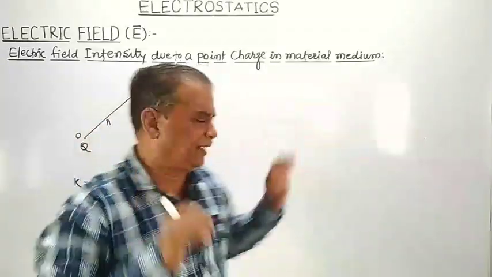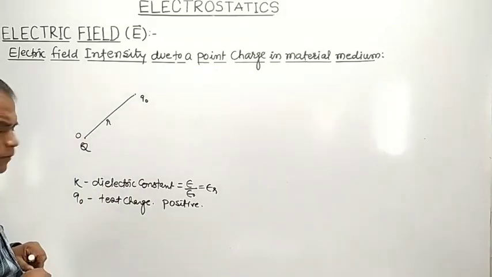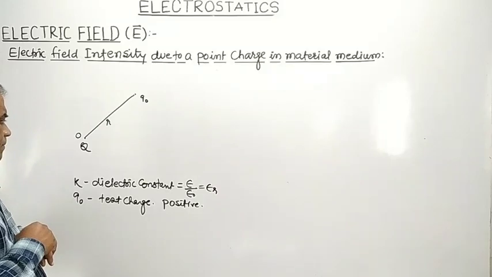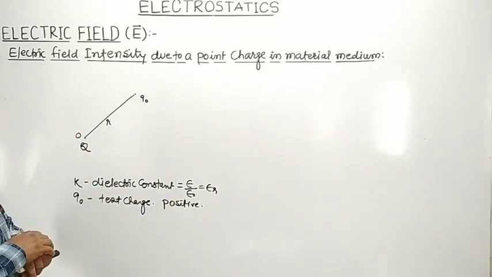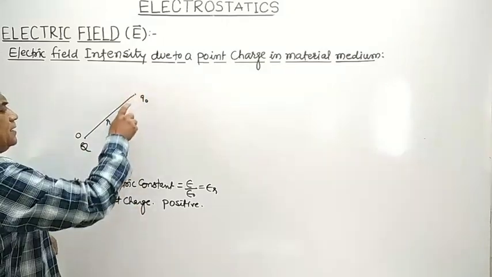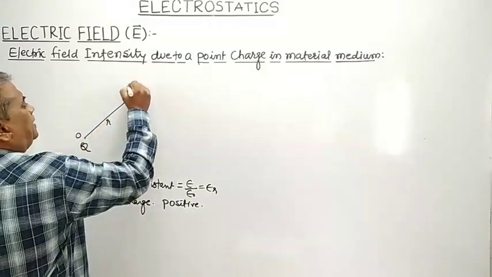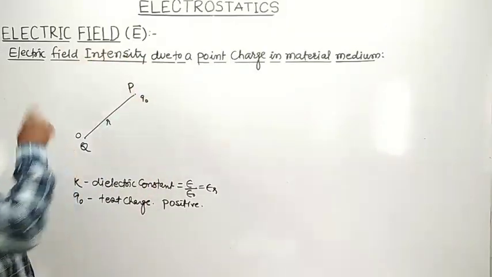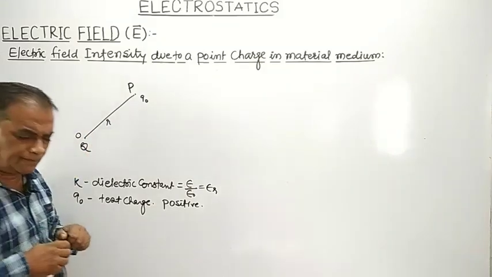So the situation is clear: we have a given charge q kept in a medium having dielectric constant K, and a test charge Q0 is kept at some point P in the region of electric field produced by charge Q at a distance r from it.